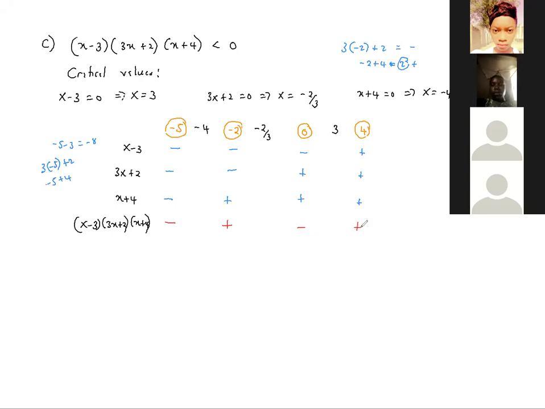Now the interest here is we want to check where the expression on the left is less than 0, which is this and this.